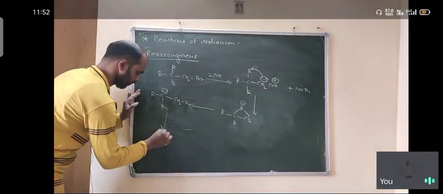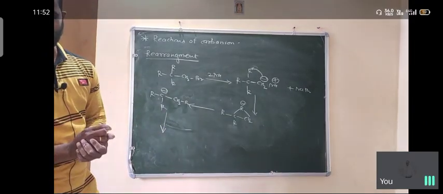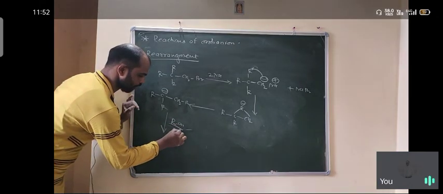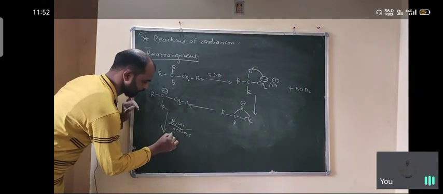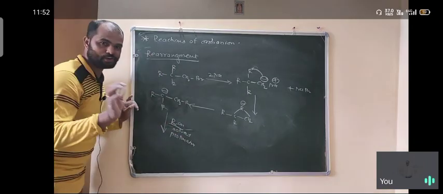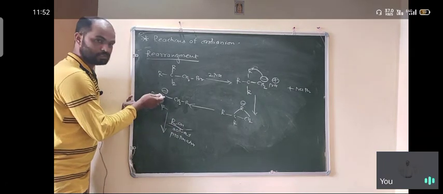When we proceed with this reaction, we do a further reaction. Suppose we use alcohol as the solvent. Then protonation takes place, because alcohol is neutral, not an electrophile. So the solvent gives the proton to this species.